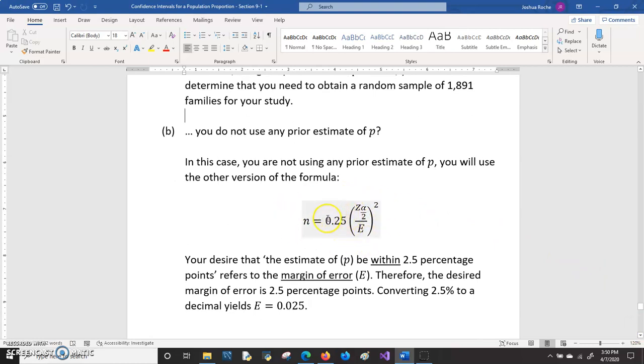And keep in mind that this 0.25 is just part of the formula. It's always going to be used in this formula.